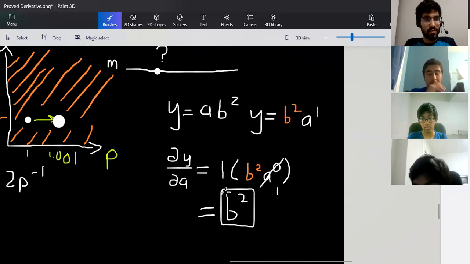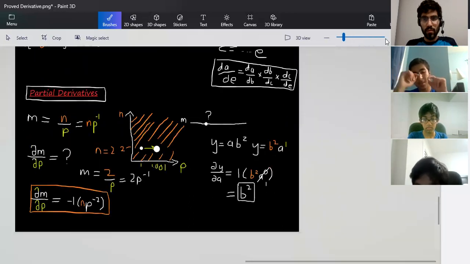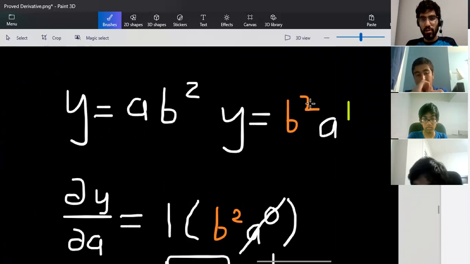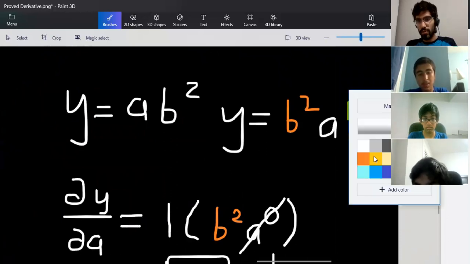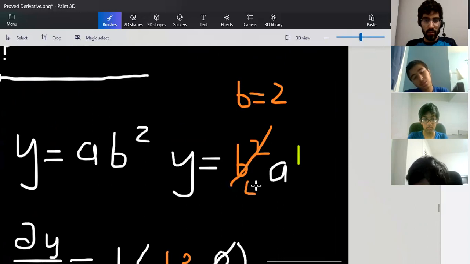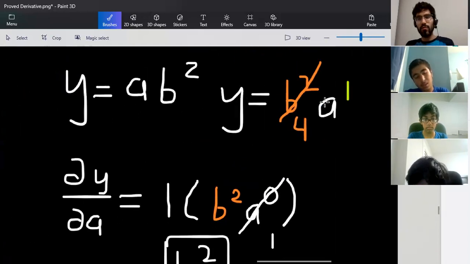I have a question. Why is it 1 at the beginning of the bracket? Shouldn't it be 2 because it's b squared? Remember, this is like a constant. So for example, let's say the constant value of b was b equals 2. This would be like 4. So when we're differentiating 4a to the 1, the 1 is the exponent.